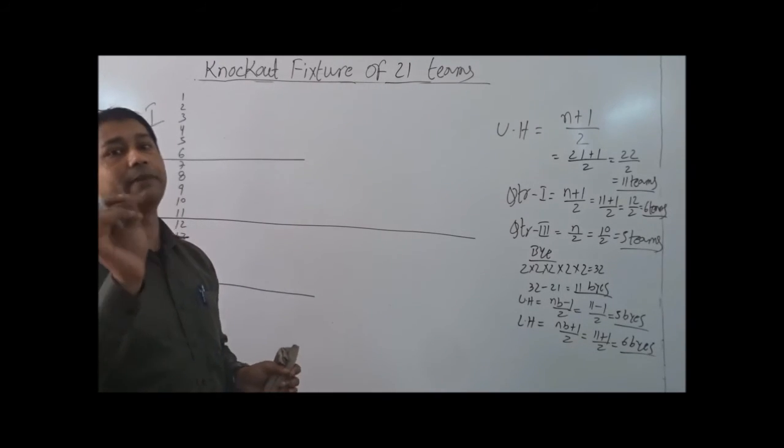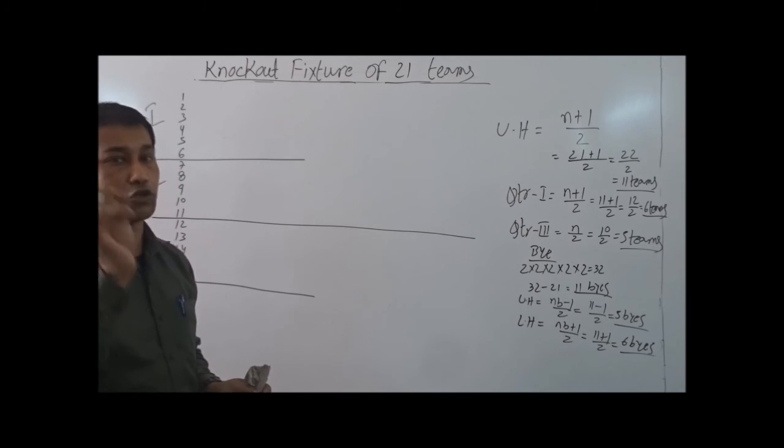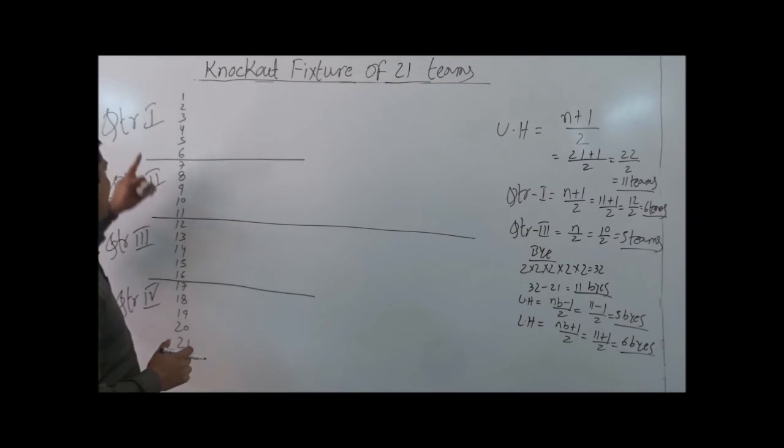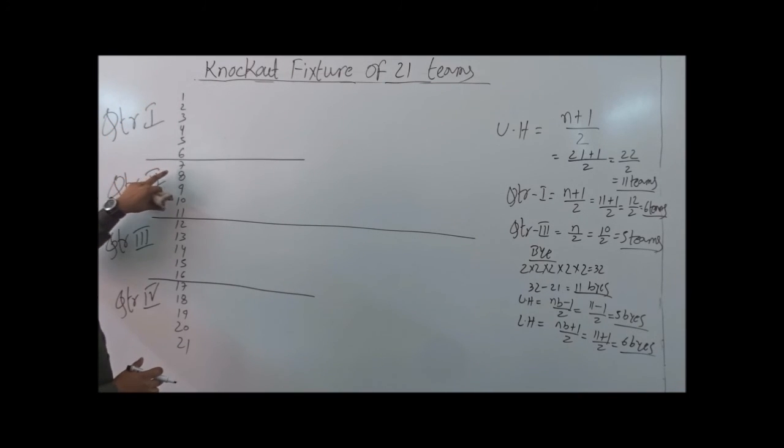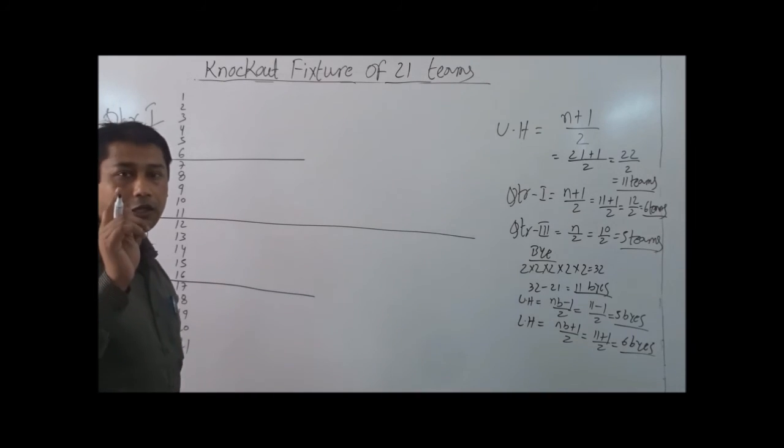But we need to be a little cautious. Again I am repeating, quarter 1 will be my upper half, quarter 2 will be lower half. Similarly for lower half, quarter 3 will be my upper half, quarter 4 will be my lower half.